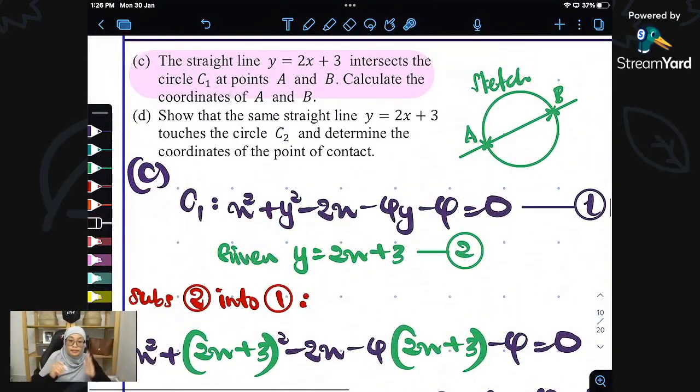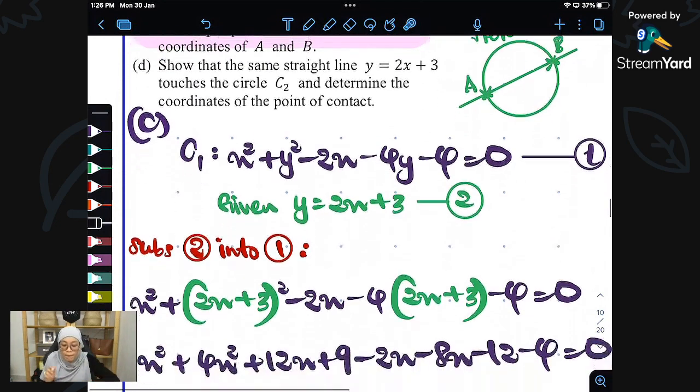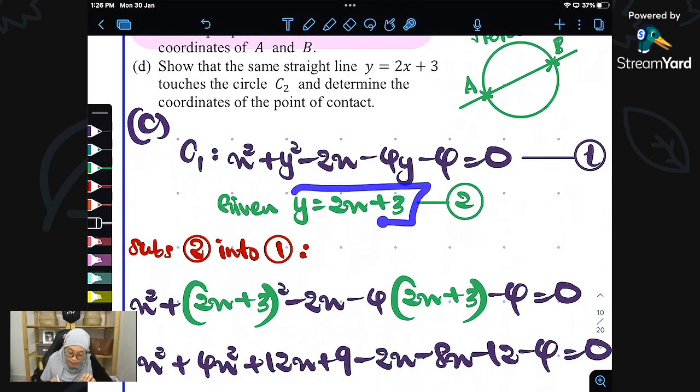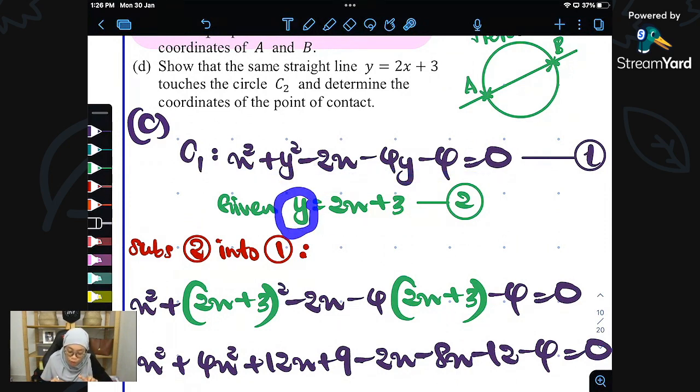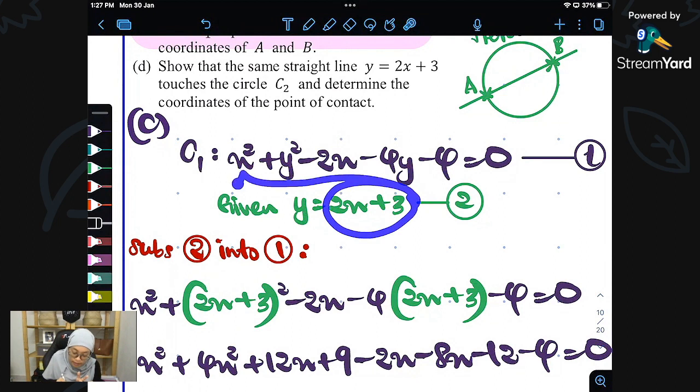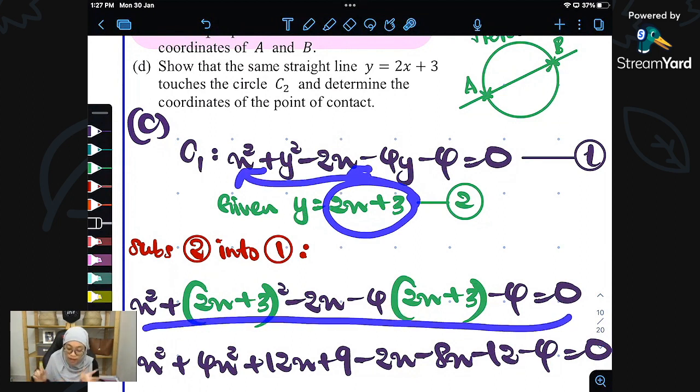So the question here says, calculate the coordinates of A and B. I think it's the same, just substitute the line into the equation of the circle. As long as you have y as the subject or x as the subject, it actually doesn't matter. You can make y the subject or x the subject, as long as you can bring it into the equation so that everything will be in terms of x.